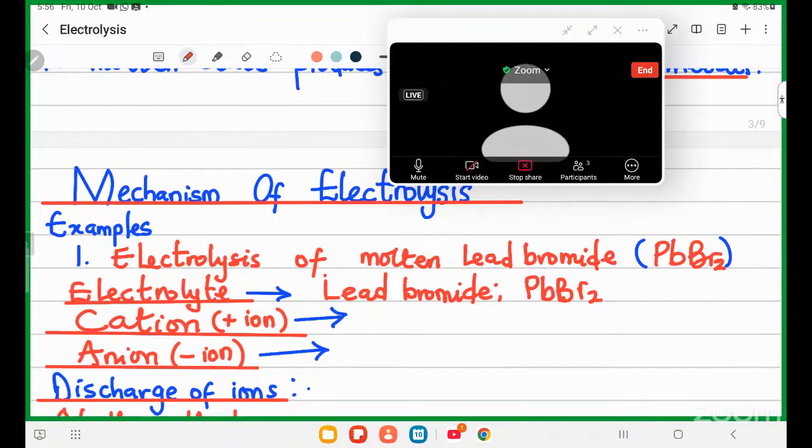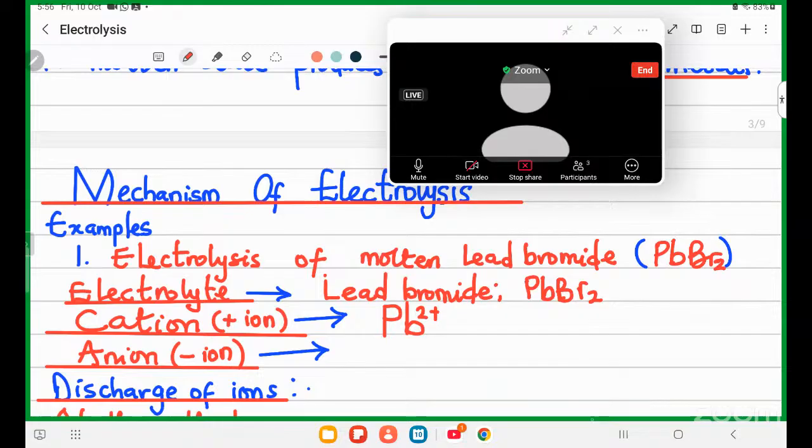Now, what is the cation in this compound? What will form the cation? Bromine. No. Lead. Lead will form the cation. They are the ones with positive charge. And what will form the anion?